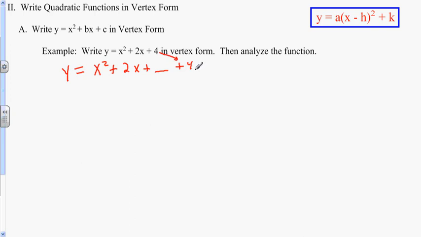And remember our rule about if we have an equation, we have to maintain balance. So when you complete the square and you add something to one side of the equation, you must add it to the other to maintain balance. Well, there's another way to maintain balance.